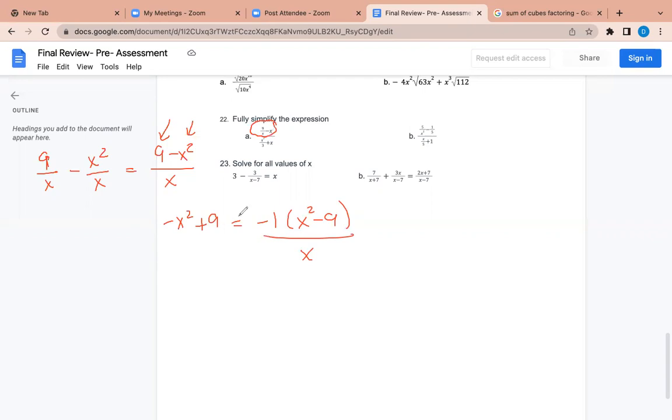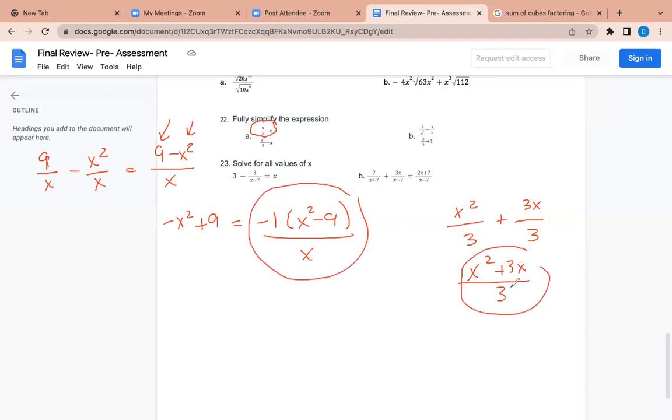equation, okay? And then the bottom one is x squared over 3 plus 3x over 3, and you combine them, x squared plus 3x over 3, and then let's divide them out. So we have this and this. So we're going to flip this one over.